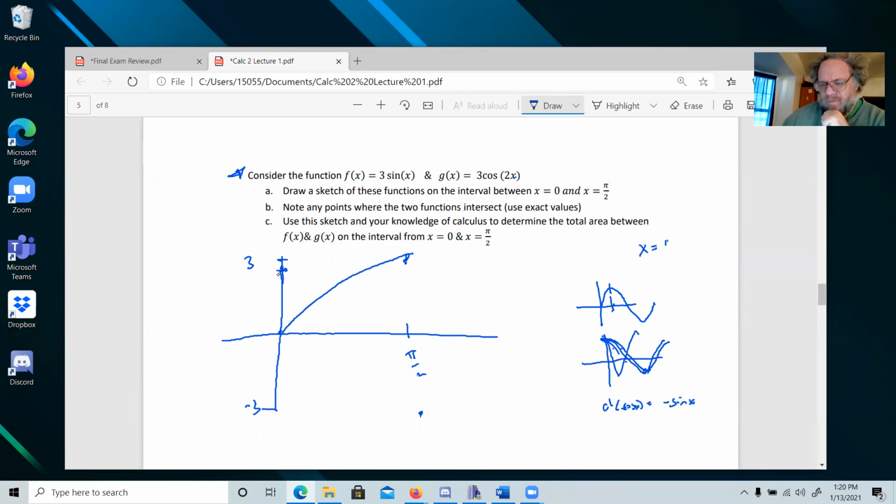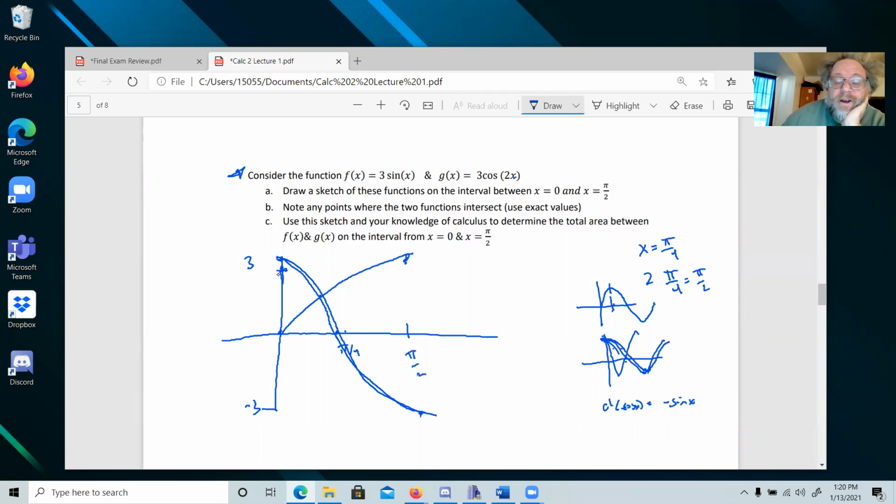So if x were equal to pi over 4, 2 times pi over 4 is pi over 2, and that's where cosine is 0. So here's pi over 4. So what we're doing is we're coming down, okay, and that's going to pretend to be a cosine.